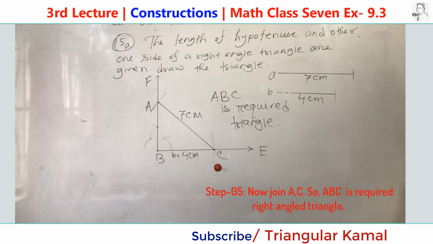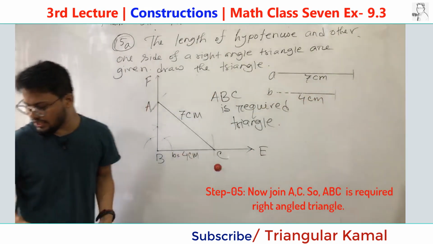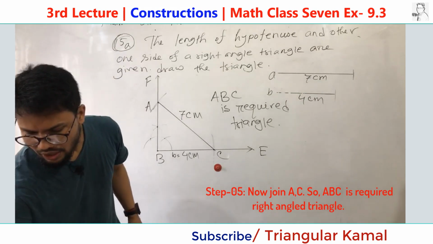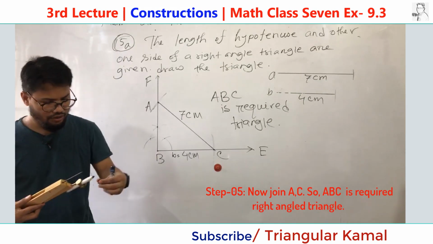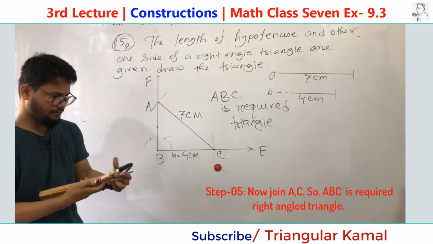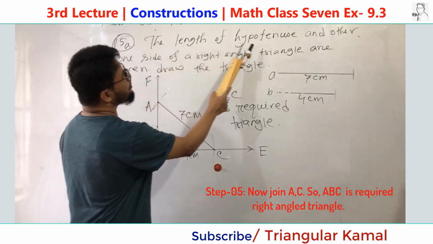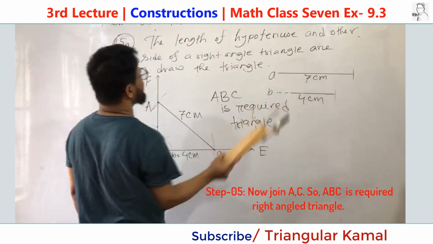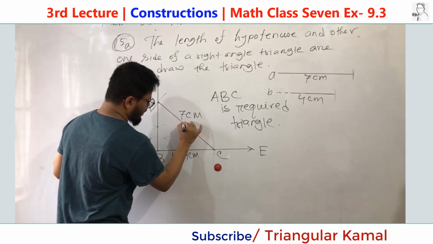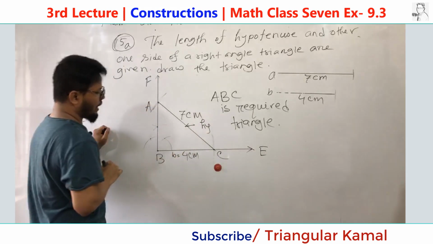This is too much easier. This is not difficult as like as previous one. So it's almost easier than our previous two figure drawing. First of all, dear students, first information, the length of hypotenuse is 7 centimeter, and this is the hypotenuse and this is the other two sides.